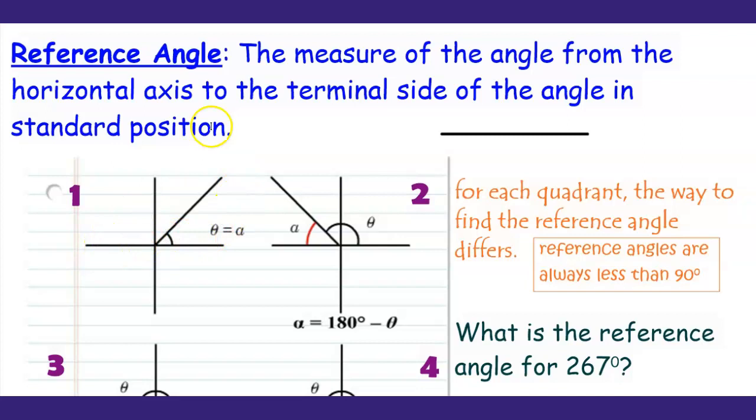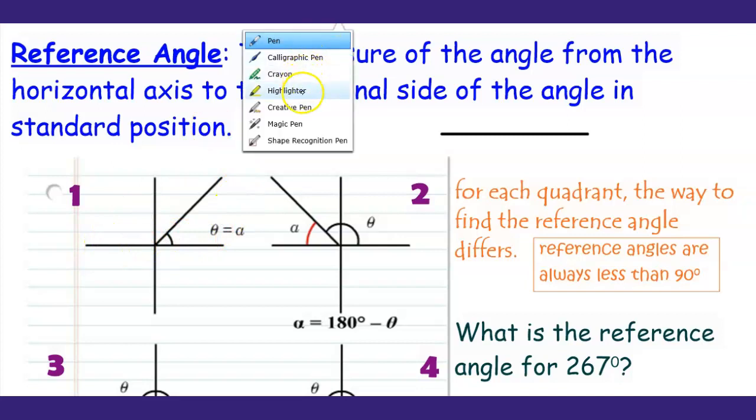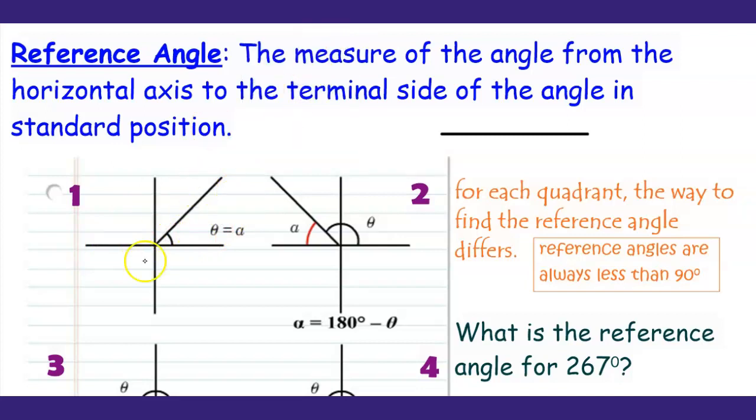Let's look at this. Here's the horizontal axis right here. I want to highlight it for you. Here's the terminating side. This angle right here would be the reference angle.